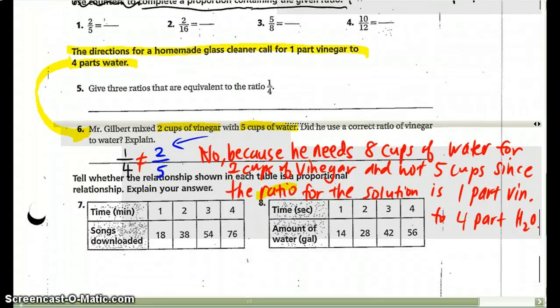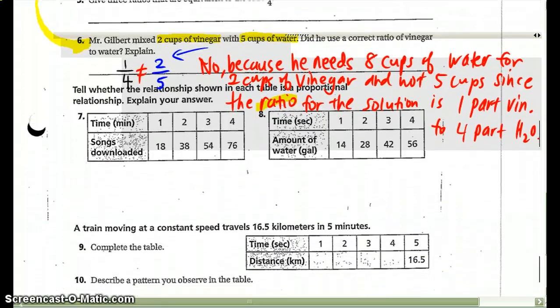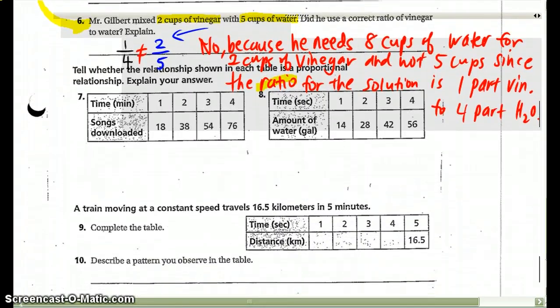Great. Let's look at number 8. And number 8, we're looking to see if the relationship is proportional. So if we write a ratio for each of the situations here, I'm going to do time over gallons.